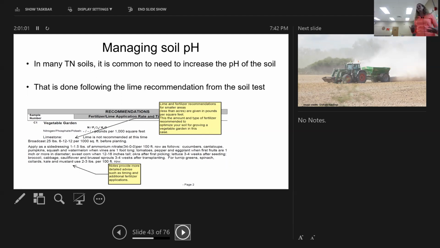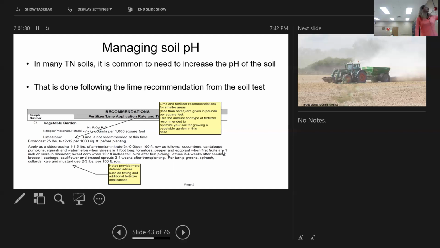So you've got a buildup that you don't need, and you don't know until you soil test. Just dumping a 40-pound bag of lime on every year because dad did it, grandpa did it, mama did it, you have to get away from that habit and go ahead and soil test to see if you actually need that lime or not, because you could be messing up all your plants by putting on too much lime or not enough. That's what your soil test is going to tell you.